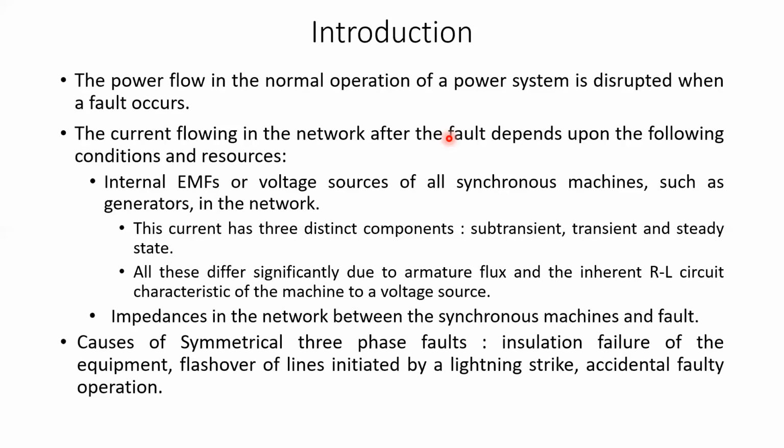The impedance in the network between the synchronous machines and the fault also plays an important role. It is also required to measure the impedance of the network between the synchronous machines and the fault for proper relaying function, which we'll be studying in the chapter on relays.